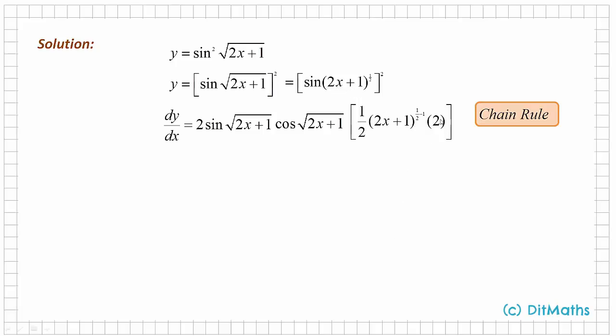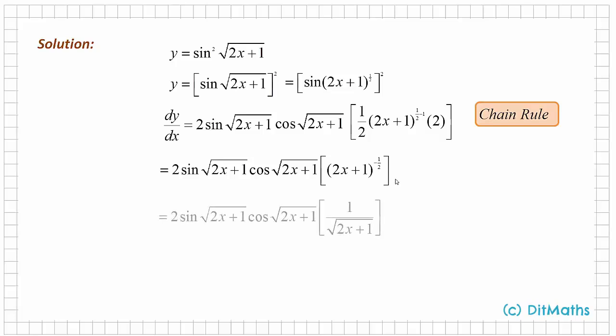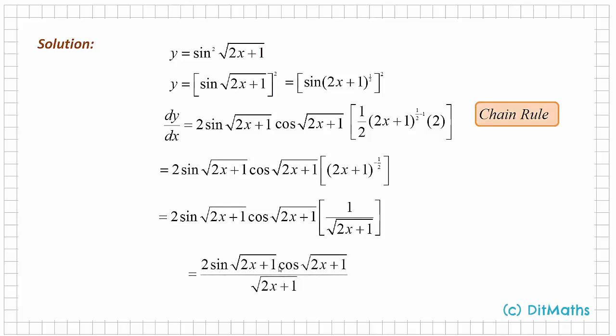The 2's will cancel, and rearranging, we get 2 times sine root 2x plus 1 cos root 2x plus 1 times 2x plus 1 to the power of minus a half. So we could rewrite this as follows, and just cleaning it up, we get 2 sine root 2x plus 1 times cos of root 2x plus 1 all over root 2x plus 1.